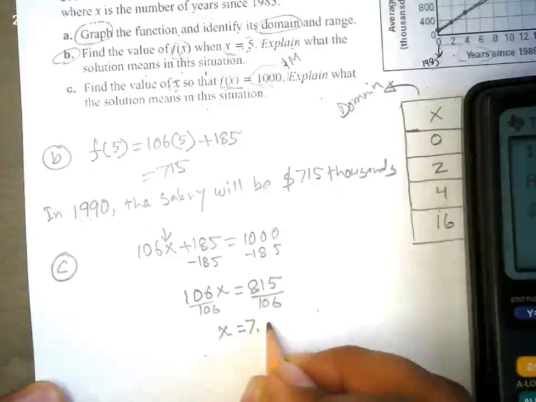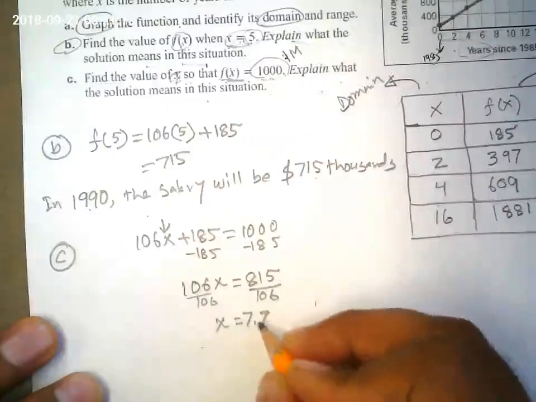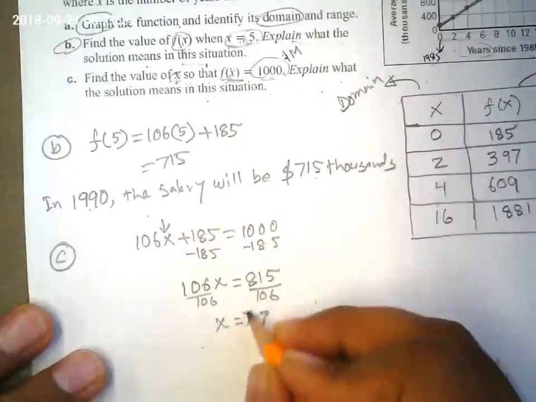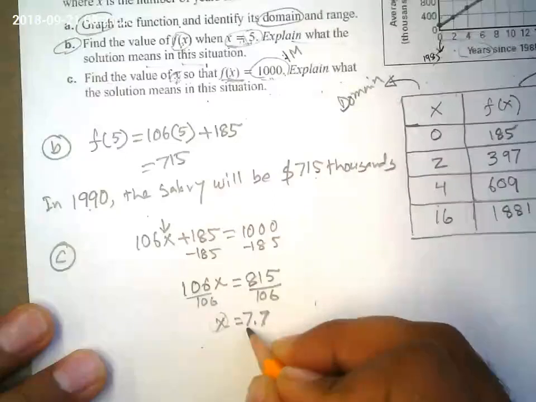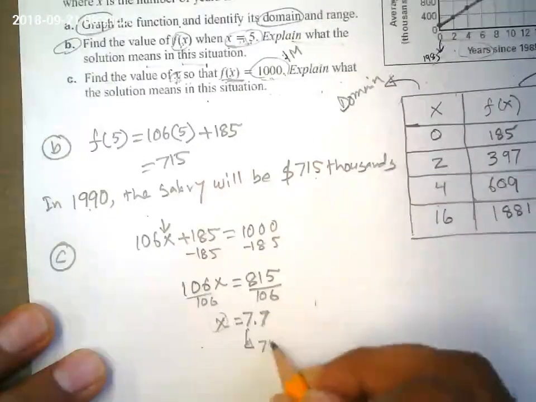7.68. I can put it at 7.7 maybe if I round it, right? So 7 years and more than half, right? If I say x is the year, this is actually 7 years.